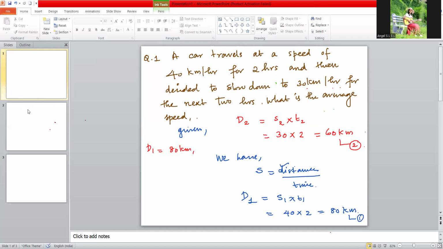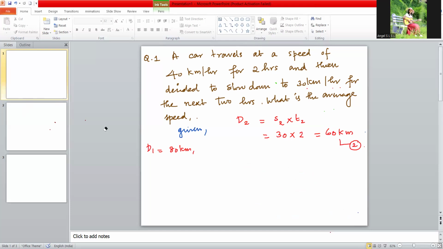Now we are going to calculate the average speed. We know the equation for average speed: average speed is equal to total distance traveled by total time taken. Here, what's the total time? 2 hours plus 2 hours, so we'll get a total of 4 hours. Therefore, average speed is equal to d1 plus d2 by t1 plus t2, correct?